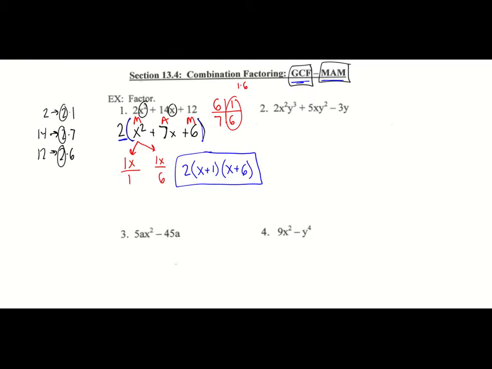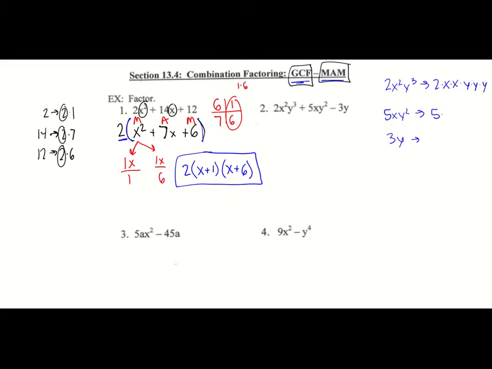Okay, so let's look at number 2. We split this up, 2x squared y cubed, and we have 5xy squared and 3y. Into all of our factor tree numbers, we get 2 times x times y times y times y.